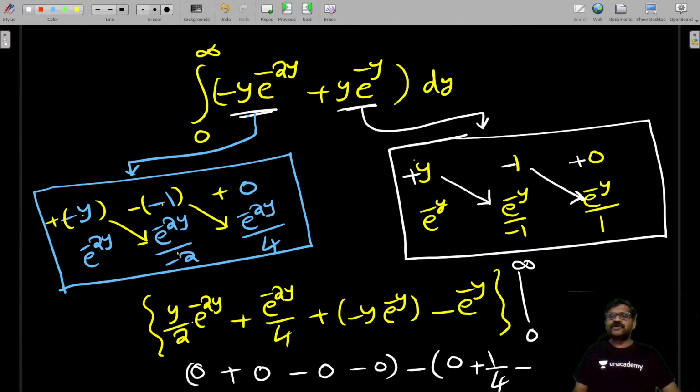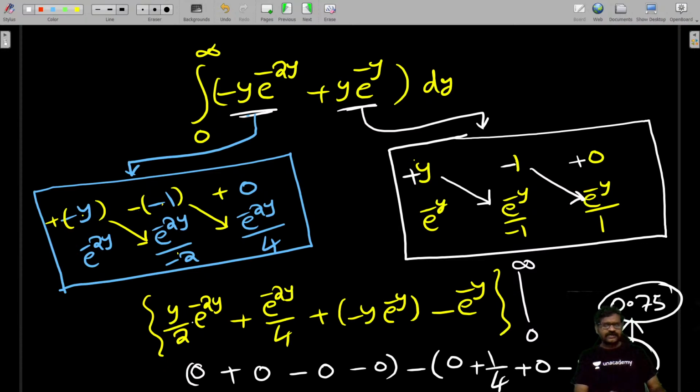Next term 0. Next term minus e power 0, minus 1. Finally minus of 1 by 4 minus 1, minus of minus 3 by 4, 3 by 4, that is 0.75. That is the answer. Answer is 0.75.